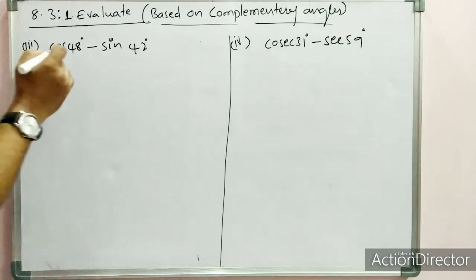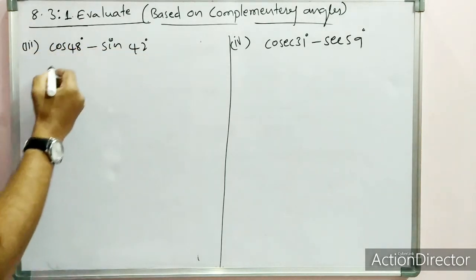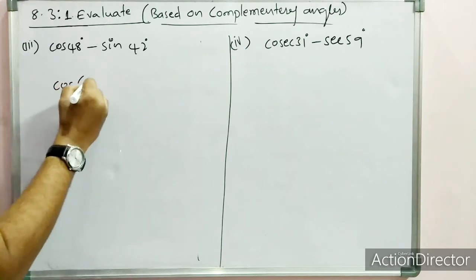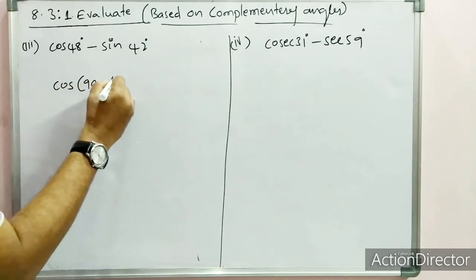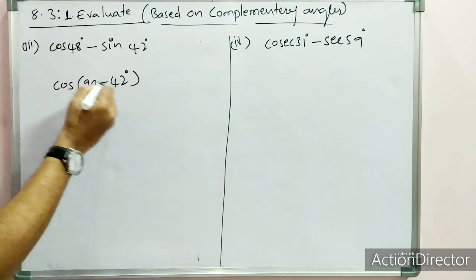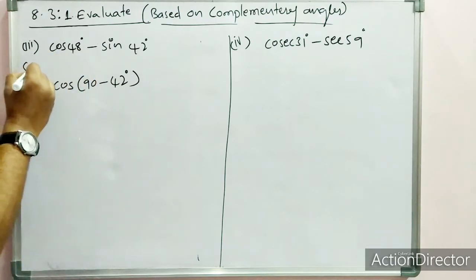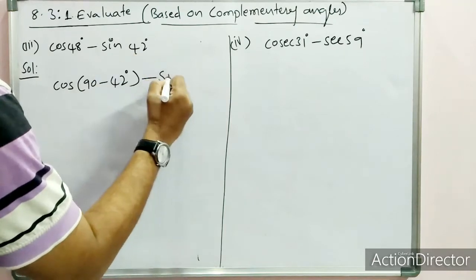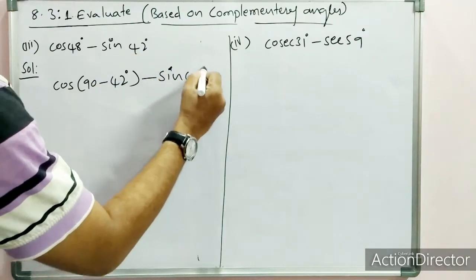Now the question is cos 48 minus sin 42. So cos 48 I can write as cos 90 minus 42. See, 90 minus 42 is 48. The second part you don't change, that is sin 42, keep as it is.